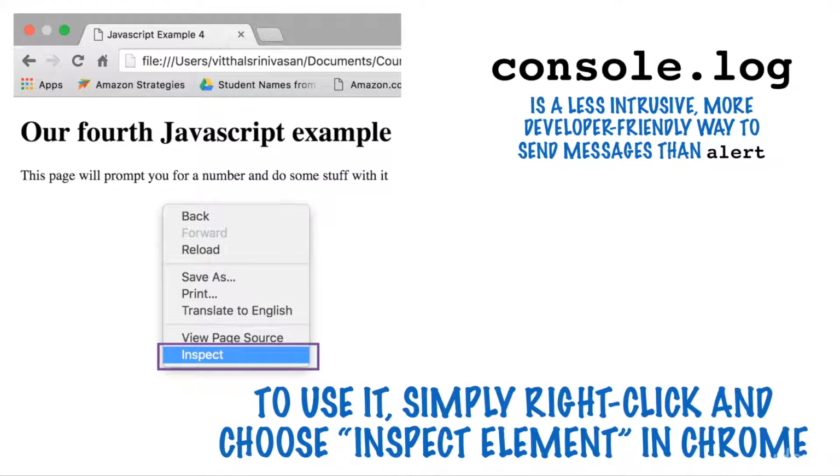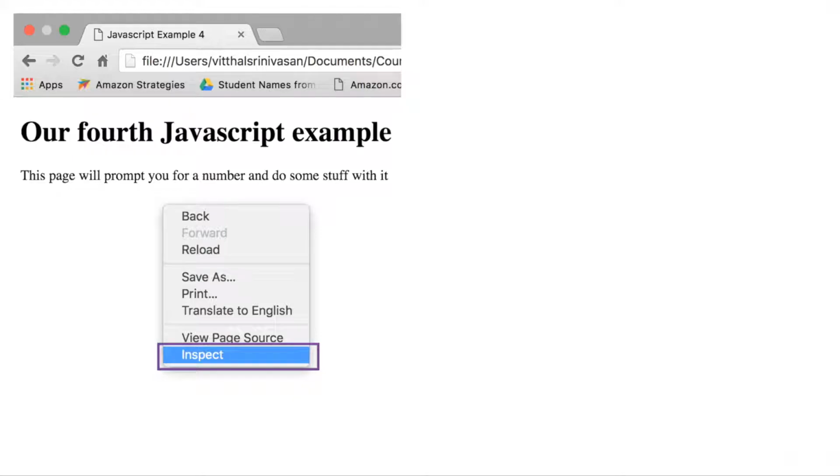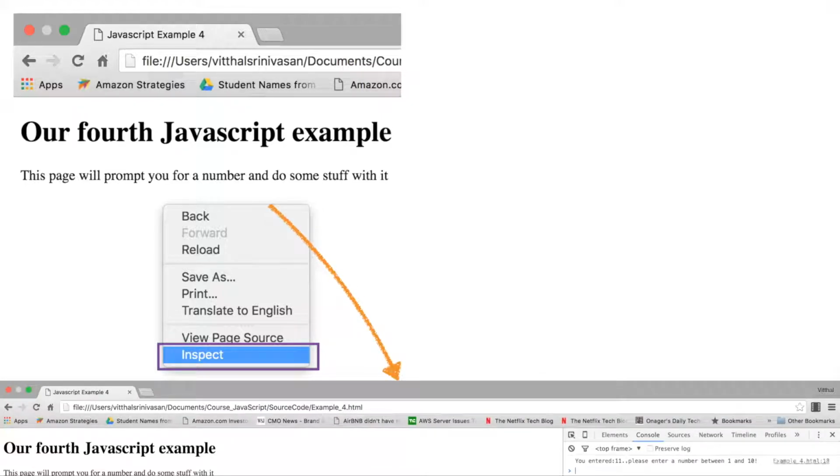Try it out. You'll see that once you choose the inspect option, you'll get something like this. You'll have an entire section open up as a part of your browser window. It'll open up either on the right side or at the bottom, and you'll see something which looks like this. Notice that it's opened up on the right side in our page. That's typically where you'll find it. Look at the rightmost portion of this browser window at the bottom.